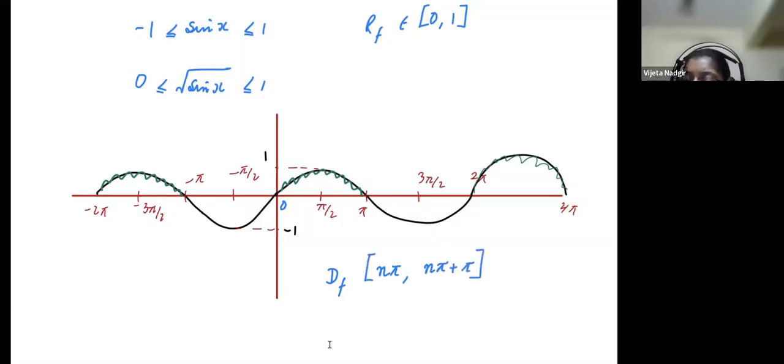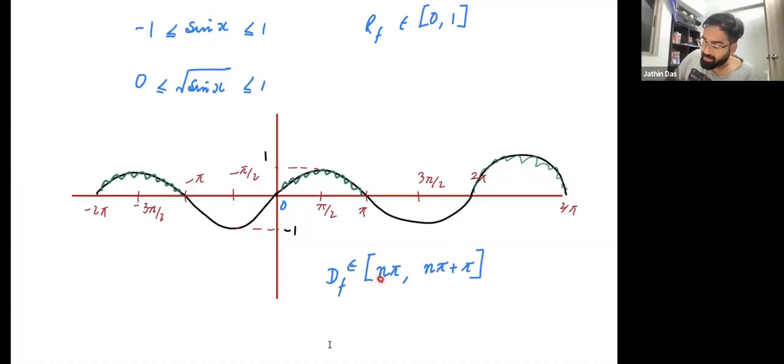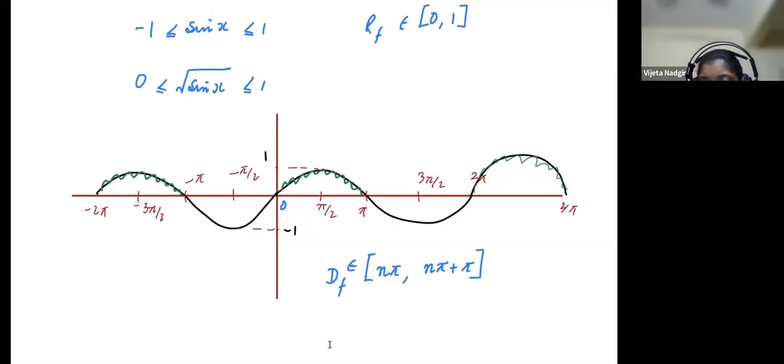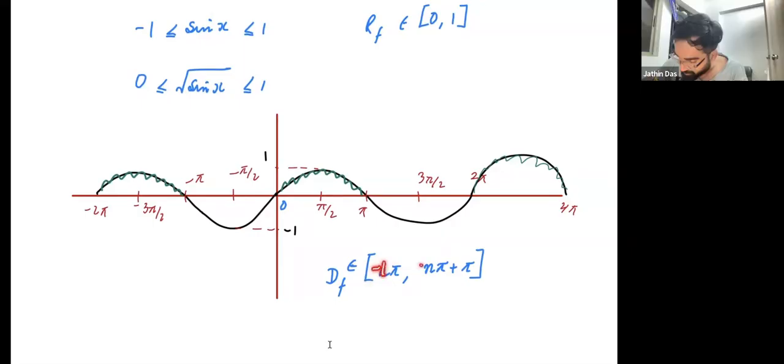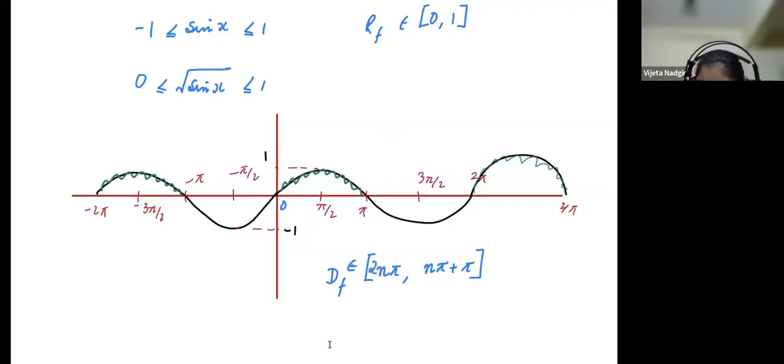N can be what? Any integer. 0, -1. 0 to pi. Then 2n pi should get added.